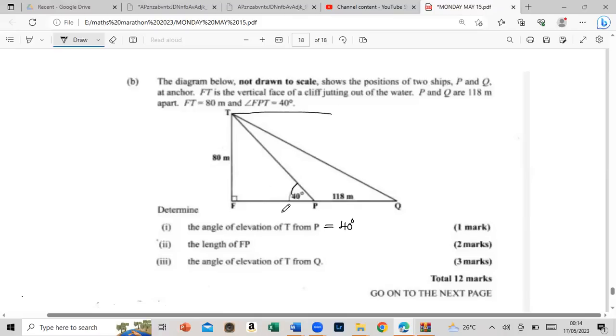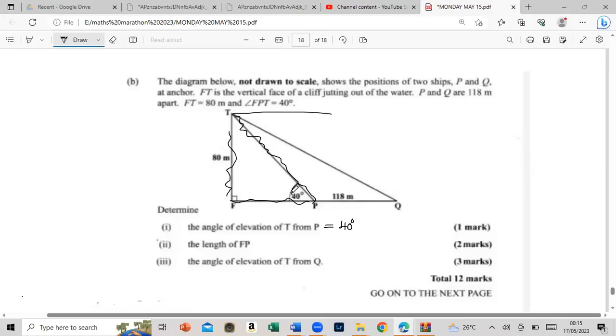Alright, so let's go on. It says find the length FP, which is right here. So let us consider this right-angled triangle.